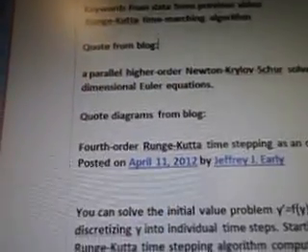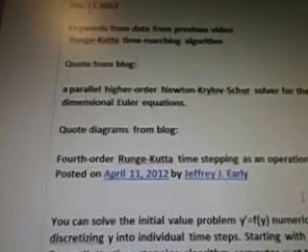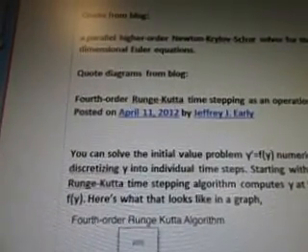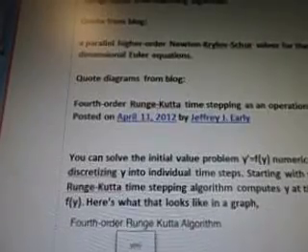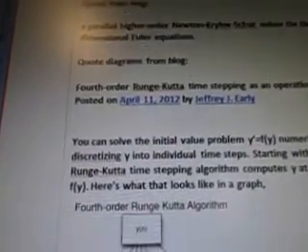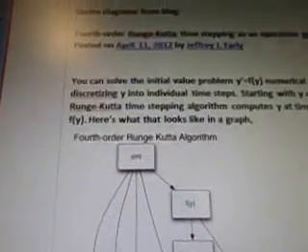So, quote from the blog: a parallel higher order Newton-Krylov-Schur solver for the three-dimensional Euler equations. Quote diagrams from blog: a fourth order Runge-Kutta time stepping as an operation graph, posted on April 11th, 2012 by Jeffrey J. Early. So this is a brand new post.